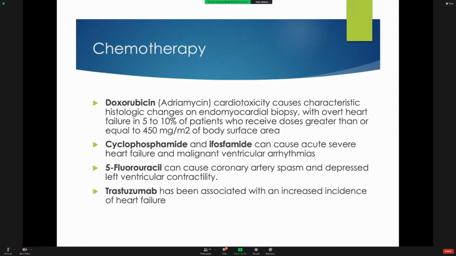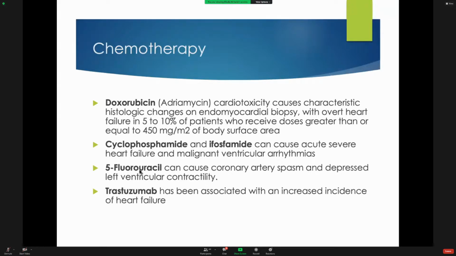Chemotherapy: trastuzumab, used in breast cancer management, has been associated with an increased incidence of heart failure. Doxorubicin can also cause it. Cyclophosphamide and 5-fluorouracil can cause it too.